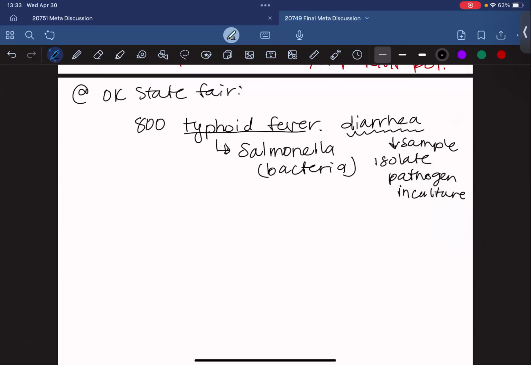And then picking out individual colonies based on that. If we were able to isolate that pathogen in the culture somehow, and we notice that in a gram stain, we see cells that lack mitochondria.